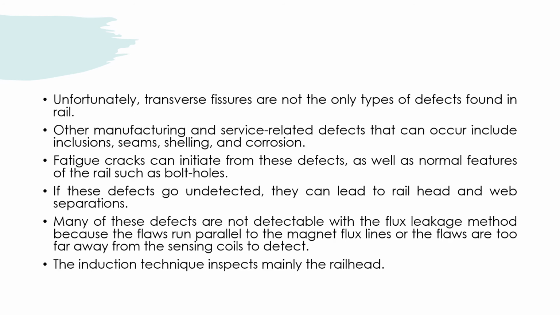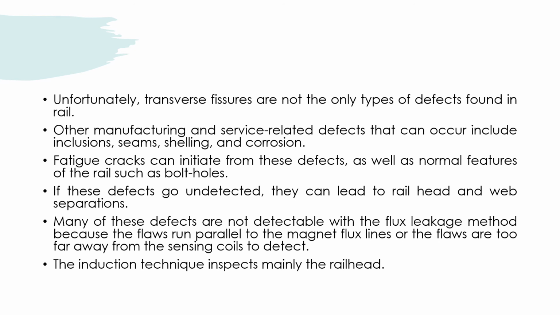Unfortunately, the transverse fissures were not the only type of defect found in the rail. Other manufacturing and service related defects can occur, including inclusions, seams, scaling, and corrosion also.